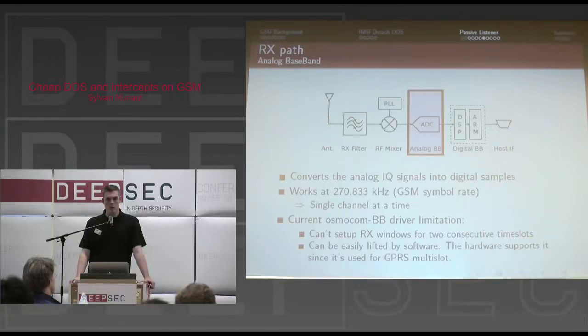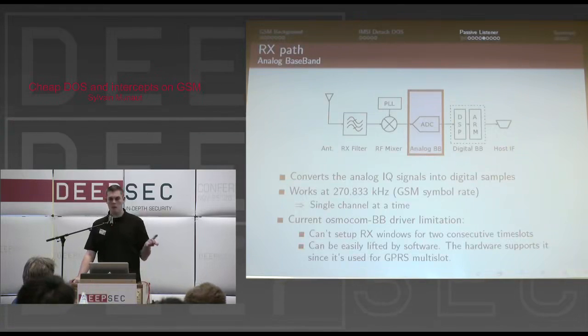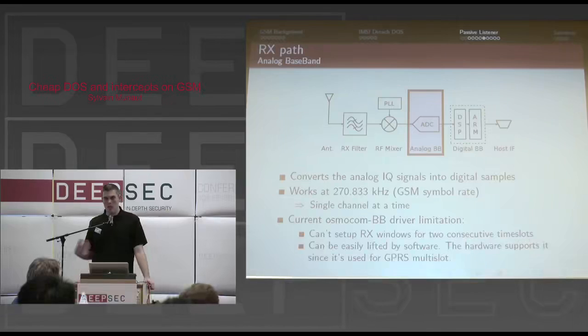The only problem currently is the driver for it is slightly limited, because you configure it to receive 160 samples. That is one burst, and you have to configure it for each group of 160 samples. And currently the driver doesn't allow configuring 2 consecutive bursts.